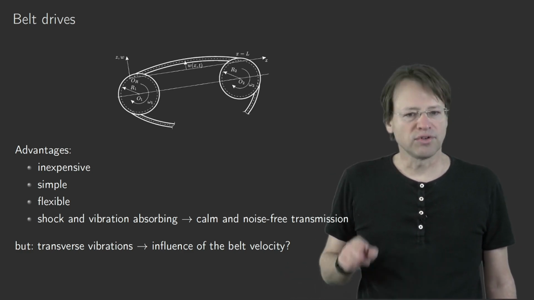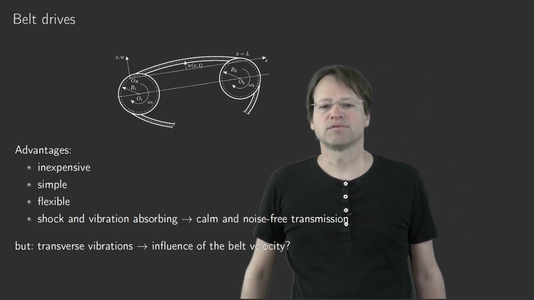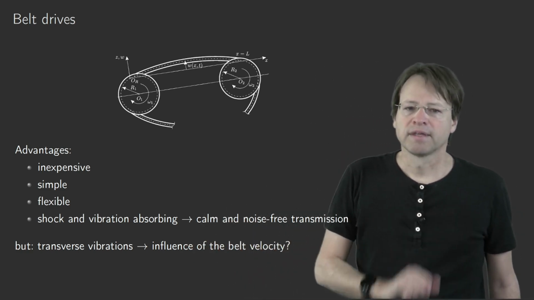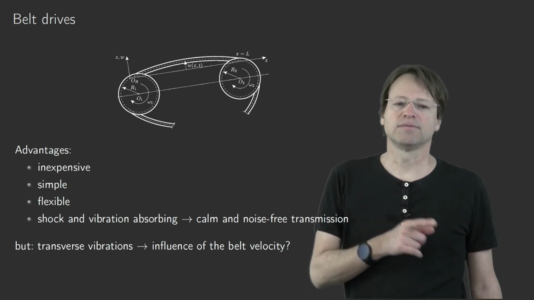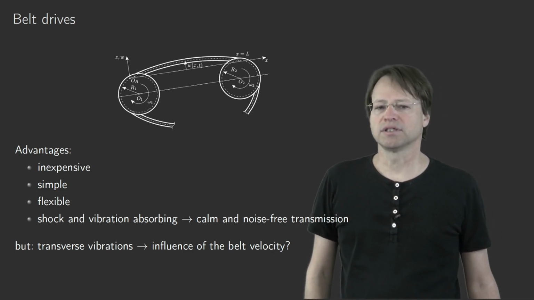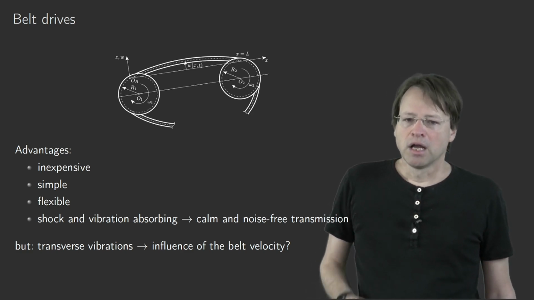And then we will solve in this video the equation that describes the transverse vibrations, but only for the case that the belt velocity is zero. The case that the belt velocity is non-zero will be treated in the next video in this session for this chapter. There are two videos.